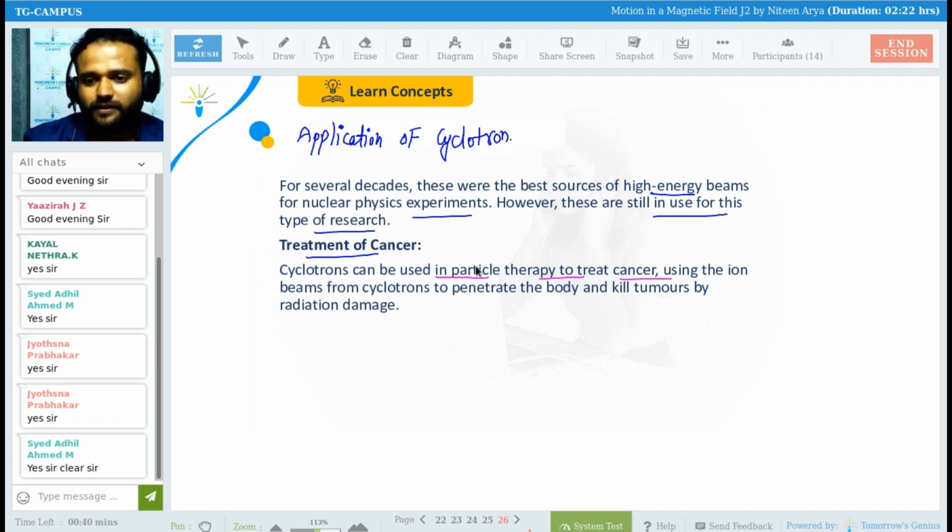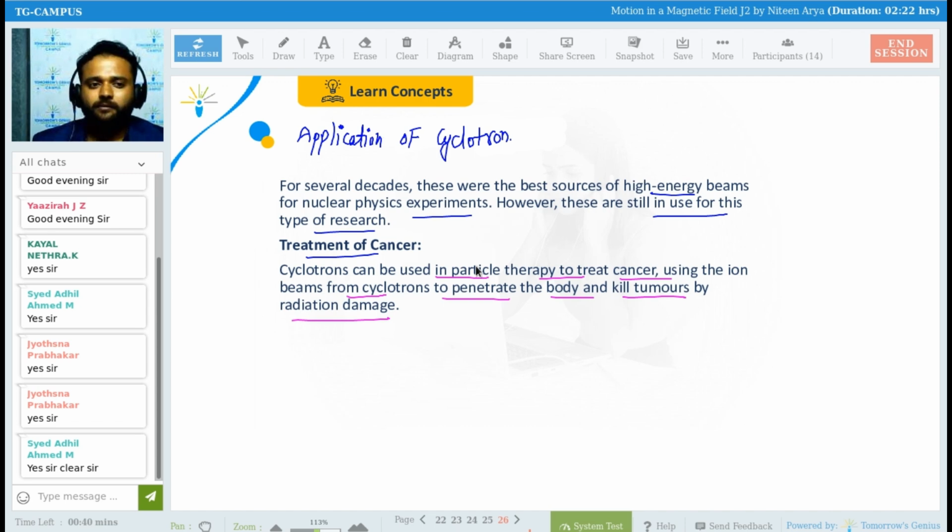Using the ion beams from cyclotron to penetrate the body and kill tumors by radiation damage. Is this clear? Simply by applying highly energetic charged particles, we kill that particular tumor or tissue wherever in the body we find the cancer.